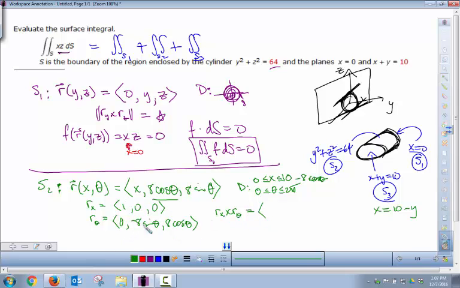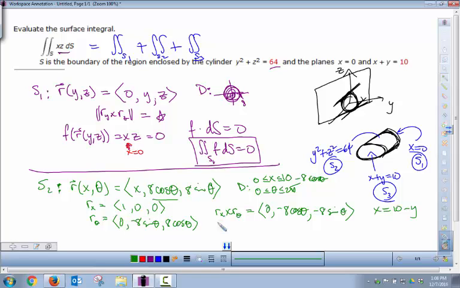The first component of the vector is 0, 0, 0 minus 0. The middle term is the j component's negative, so it's negative, and then I have 8 cosine theta minus 0. And then the last component is negative 8 sine theta minus 0.